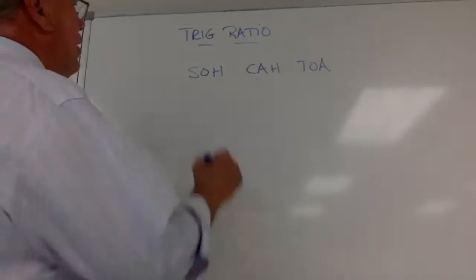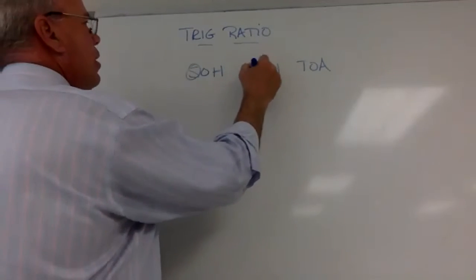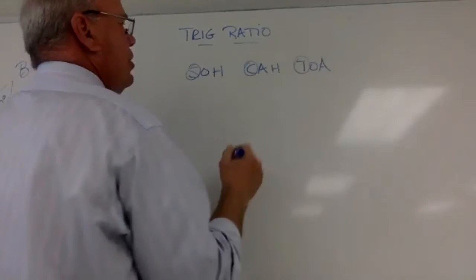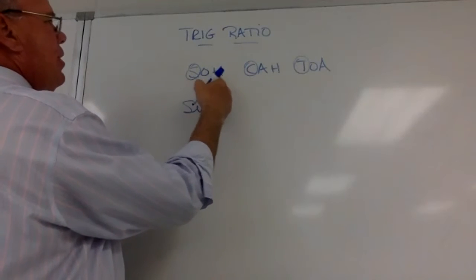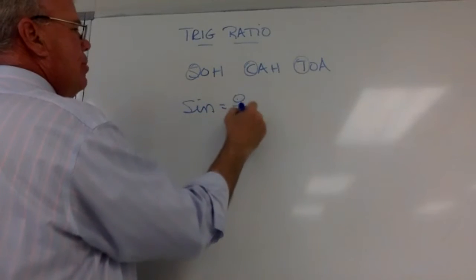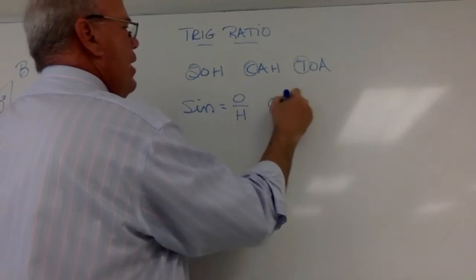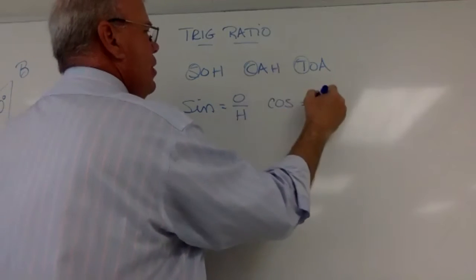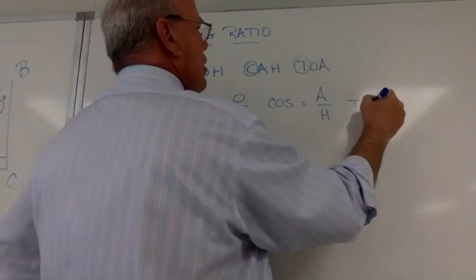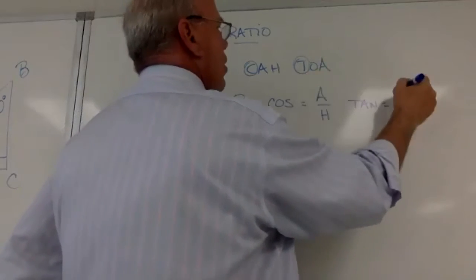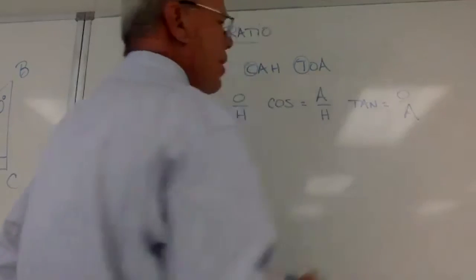Sine, cosine, tangent. Sine is the opposite over the hypotenuse. Cosine is the adjacent over the hypotenuse. And tangent is the opposite over the adjacent. All right?